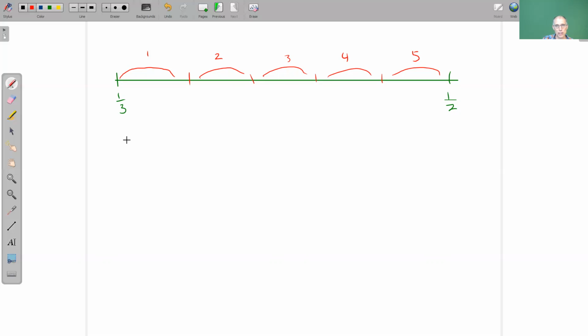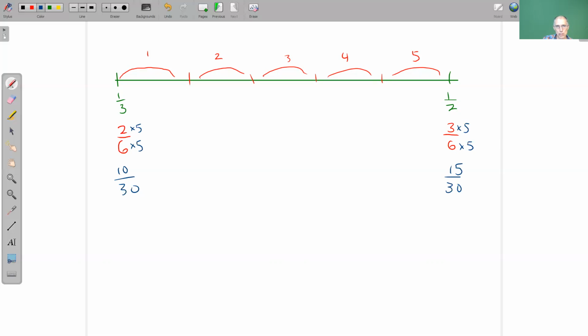So if I think about that in a common denominator, so 2 out of 6 here, 3 out of 6 there, and then we bring the 5 into it. So I multiply top and bottom by 5 here and here. So then this becomes 10 out of 30, and this is what, 15 out of 30.